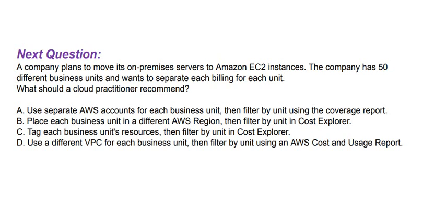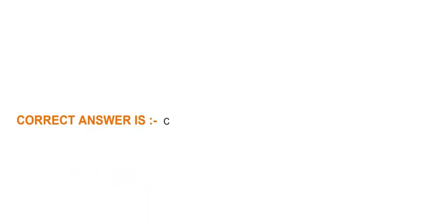Option B, place each business unit in a different AWS region, then filter by unit in Cost Explorer. Option C, tag each business unit's resources, then filter by unit in Cost Explorer. And option D, use a different VPC for each business unit, then filter by unit using an AWS Cost and Usage Report. The correct answer is option C.